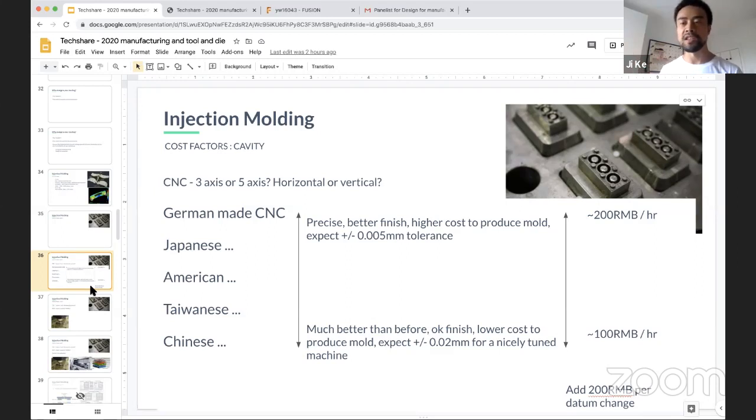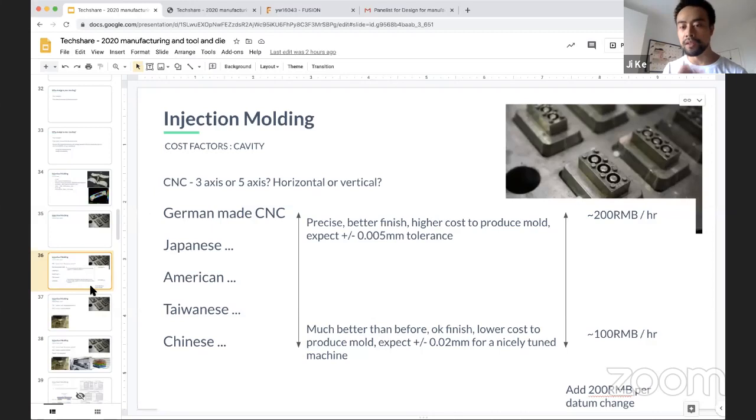If it's a German-made CNC, you know it's going to be a very expensive shop, right? It's charged roughly 20 RMB per shop hour, whereas if it's a Chinese-made CNC, it's the lowest cost, roughly 100 RMB, right? And in between are Taiwanese, American, Japanese. So if you want precise, good quality, and you want the shop to know what to do, you're looking for German-made CNCs in the shop.